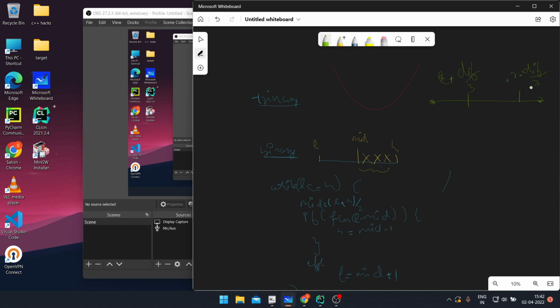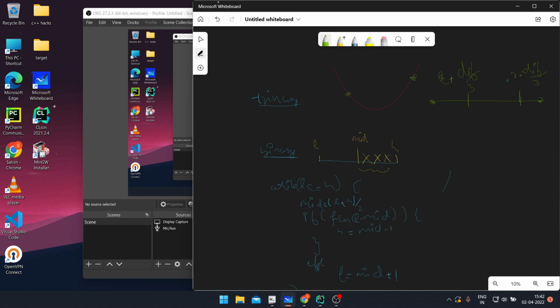These are the two points, where the difference is (R minus L) divided by 3. So now these two points correspond to points between here and here.